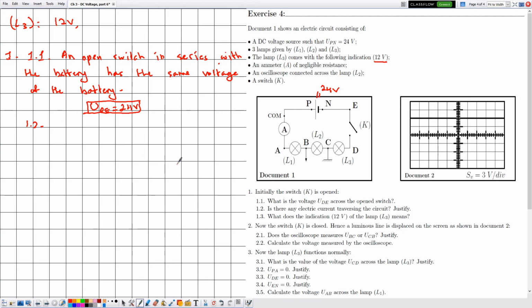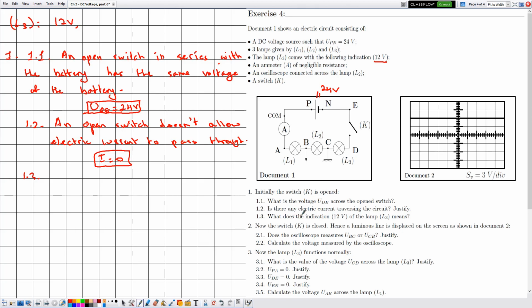Now in 1.2 they are telling me, is there an electric current traversing the circuit? Justify. We know that an open switch doesn't allow electric current to pass through. So the value of the electric current I is equal to 0, which is the main current traversing the circuit.